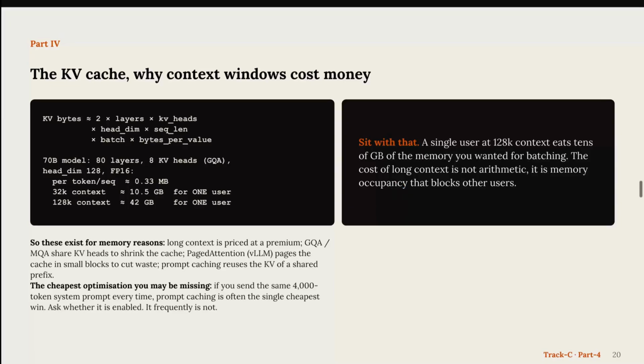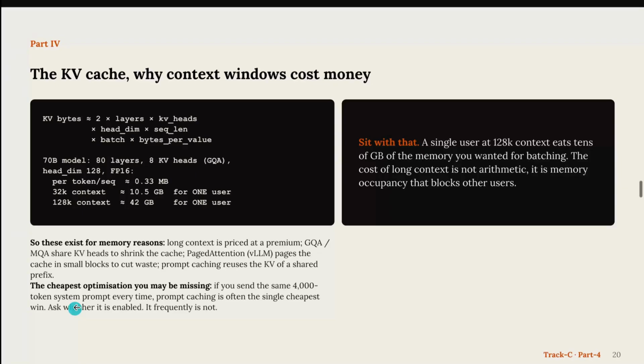If there is not enough HBM, which is high bandwidth memory, in terms of GBs, we are going to be stuck. If you send the same 4,000 token system prompt every time, we are wasting memory. So prompt caching is often the cheapest win. Check whether this is enabled, since frequently it is not used.